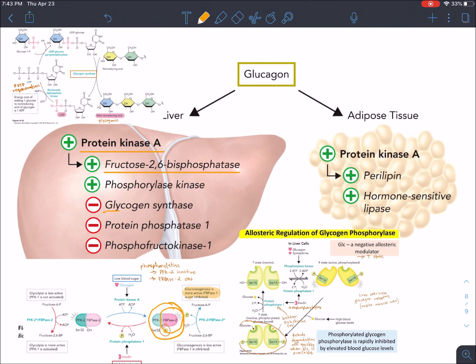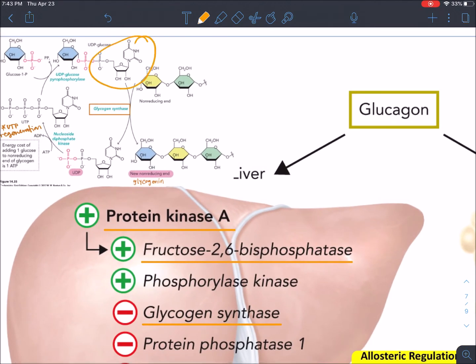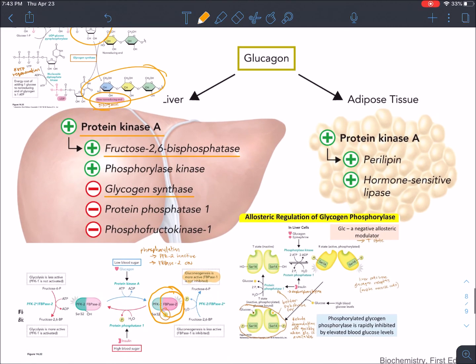The inactivation of glycogen synthase means that glucose will no longer be added to synthesize glycogen, which is done by the addition of glucose to the non-reducing ends of glycogen right there. And the inactivation of phosphofructokinase 1 means that glycolysis will be inhibited.